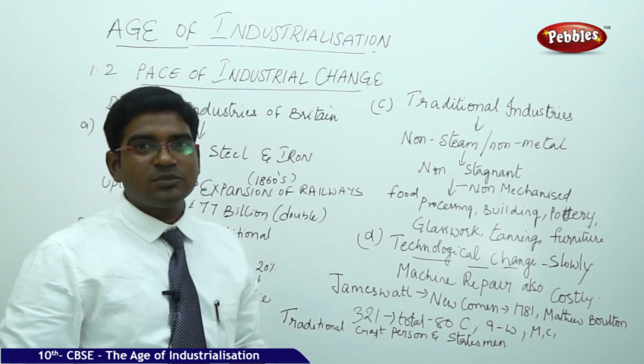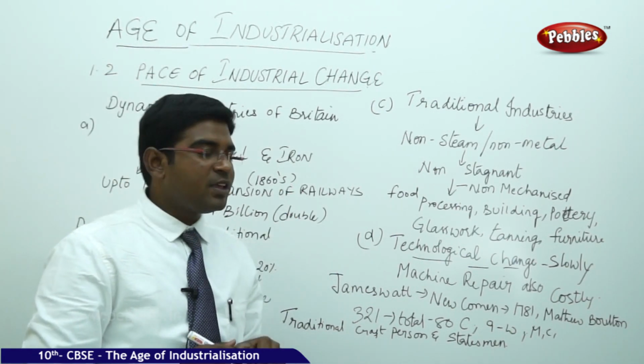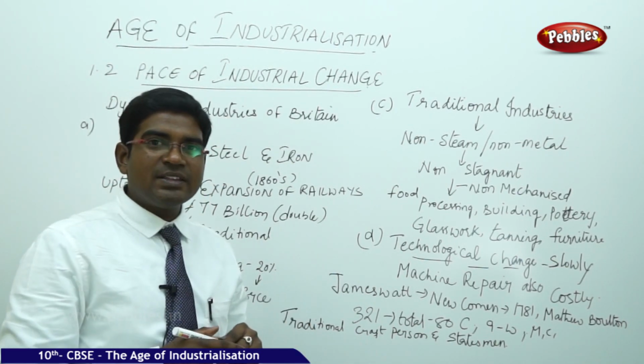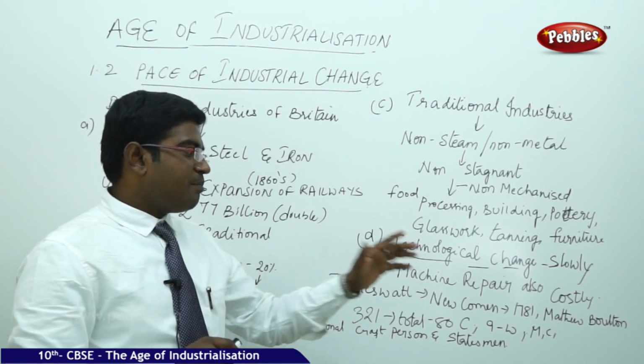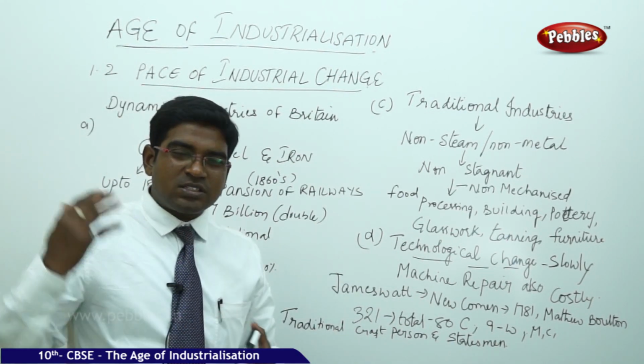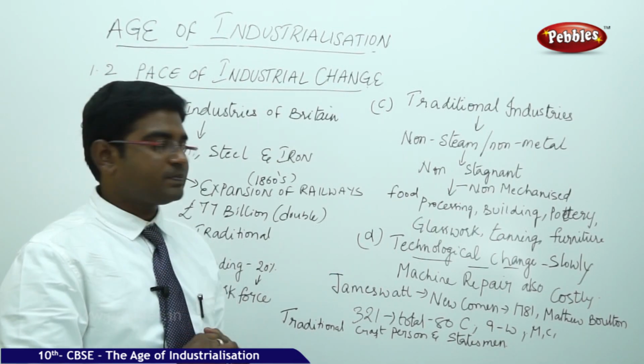James Watt modernized the machine discovered by Newcomen to make it a steam engine in 1781. Matthew Boulton, the friend of James Watt, started to make the machinery, though modified and at very less cost.